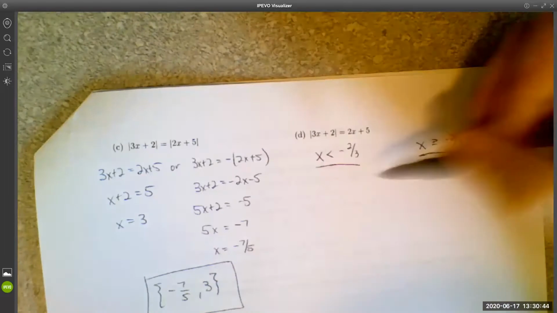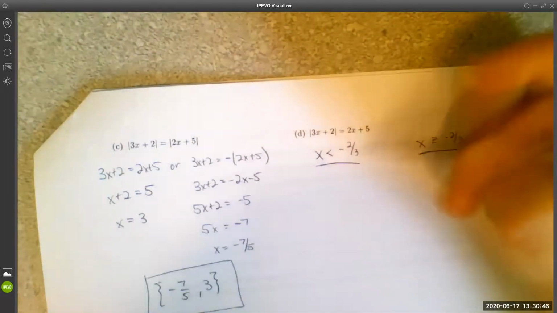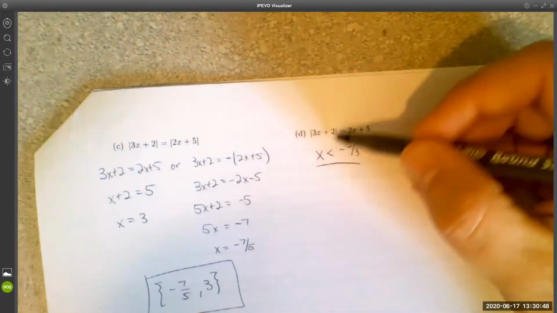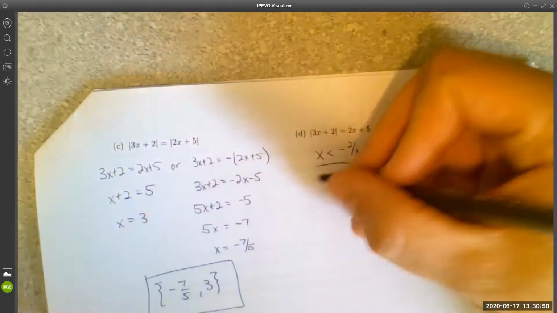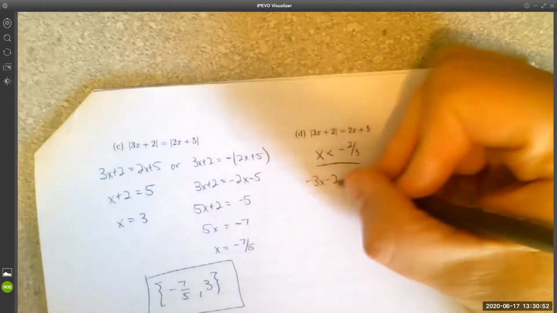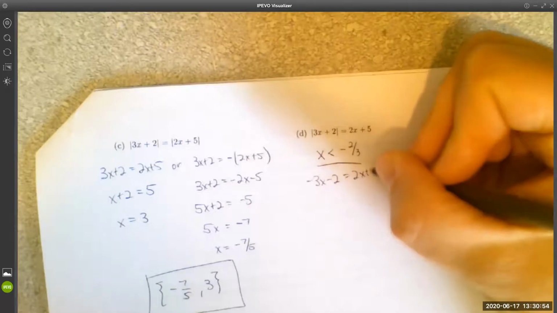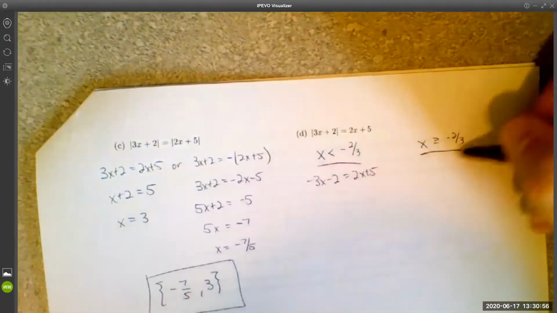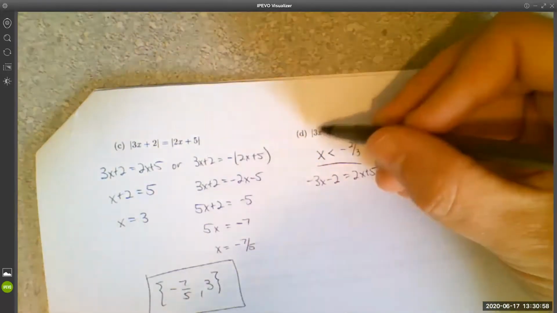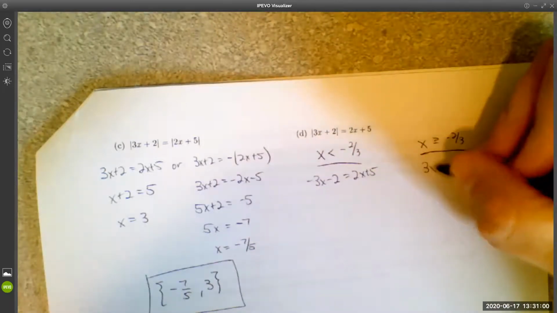And what we realized is that if x was less than negative 2/3, then 3x plus 2 was really going to be negative 3x minus 2. If x was greater than or equal to negative 2/3, then 3x plus 2 was going to remain 3x plus 2.